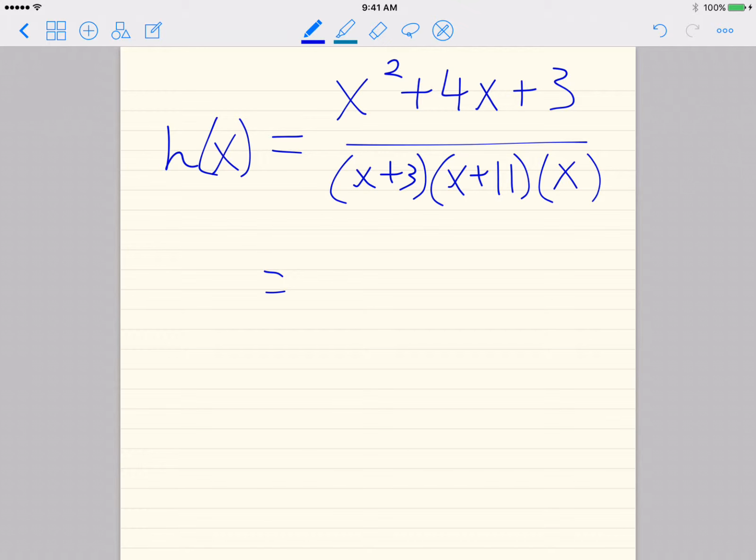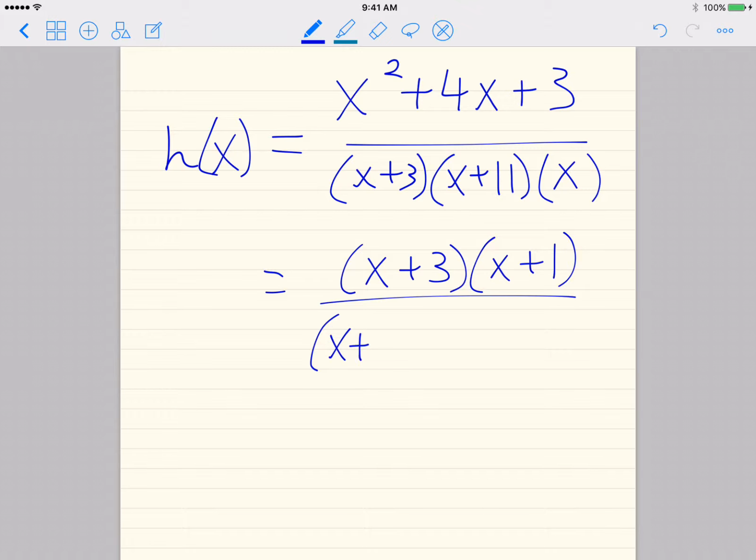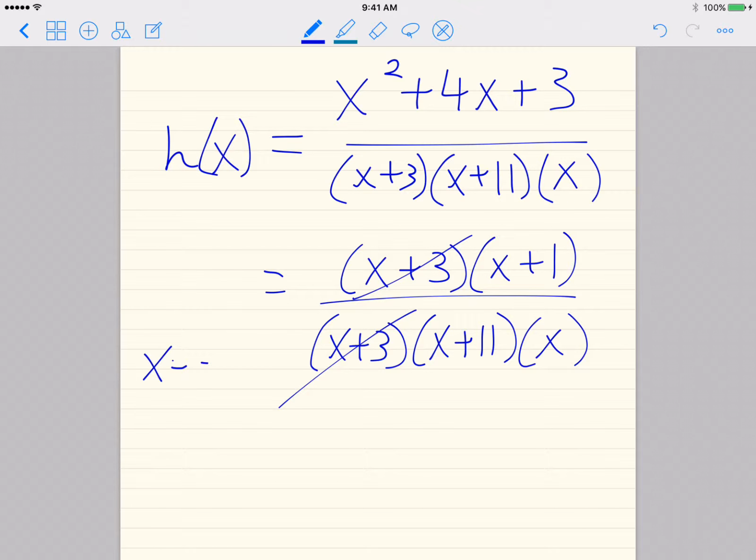For my third example, once again, you're able to factor out the numerator, and notice you can cancel out one of the factors on the bottom. What that tells me is that when x equals negative 3, though x cannot be negative 3, that's not a vertical asymptote. So that's a hole.